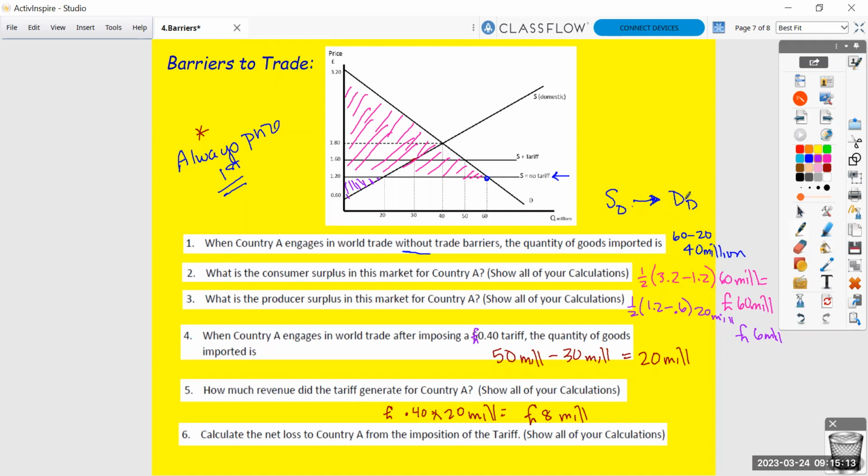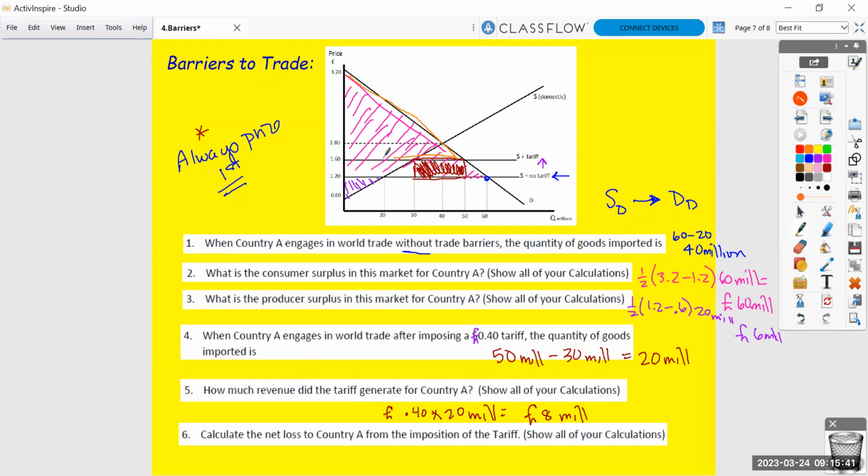So when I increased that world price because of the tariff, some things changed. This became revenue for the government, right? This was our tax revenue. Our consumer surplus is now going to be this. Let me go to this color.